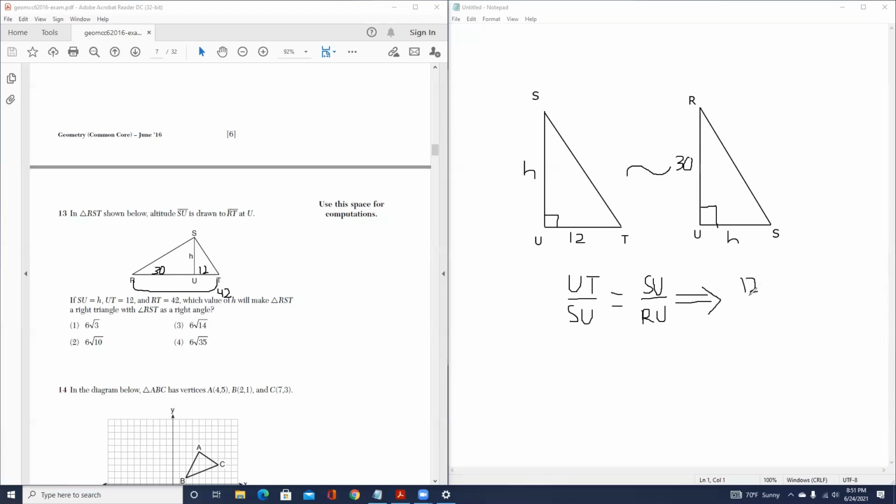12 over h equals h over 30. If you rearrange this to solve for h, that is multiply both sides by 30h.